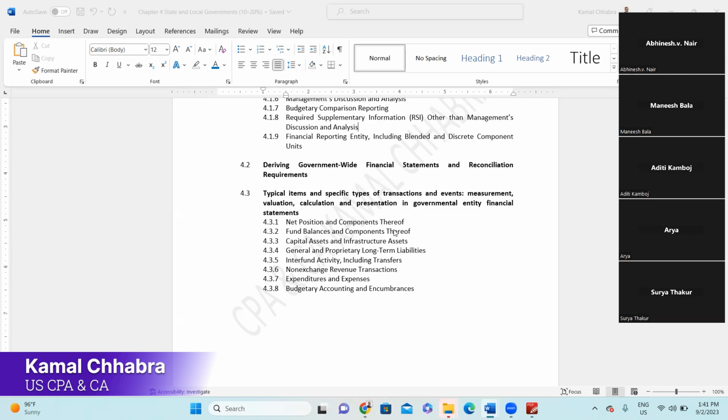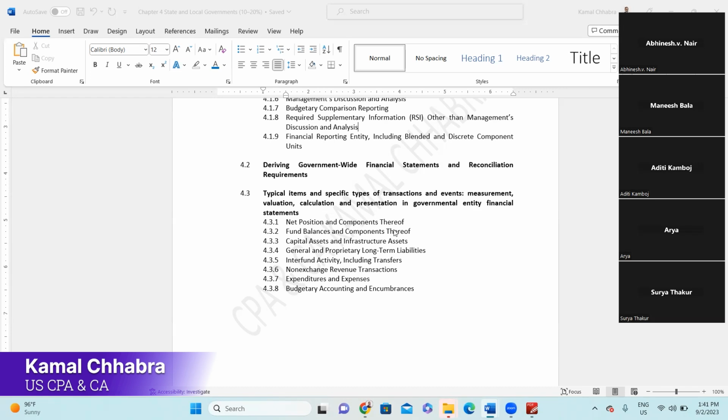For that, a mandatory part of the financial statements is the reconciliation between the government-wide financial statement and the fund financial statement. For this you can definitely expect a task-based simulation, whether you are preparing for FAR or for BAR.